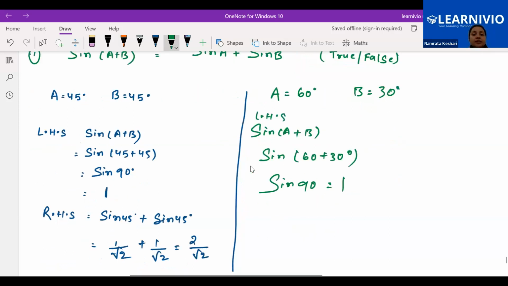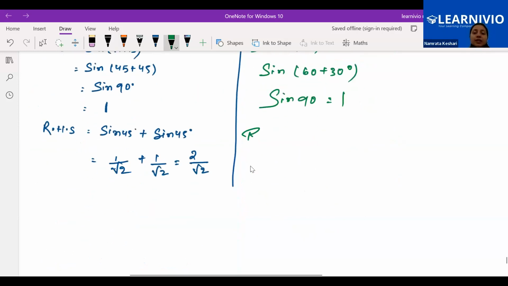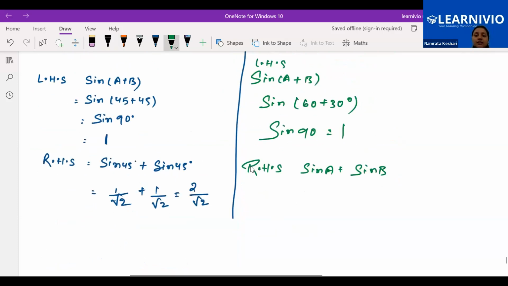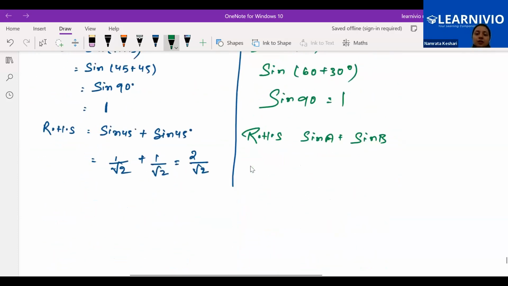What about the right hand side where we are having sine A plus sine B? A is 60 degree and B is 30 degree. So sine 60 degree plus sine 30 degree. What is the value for sine 60?